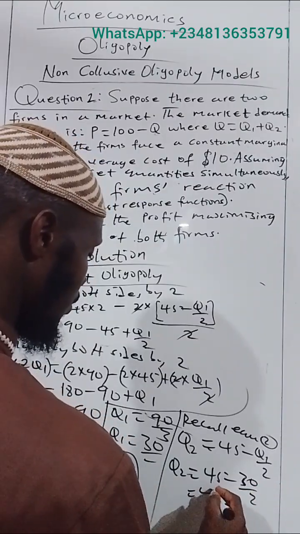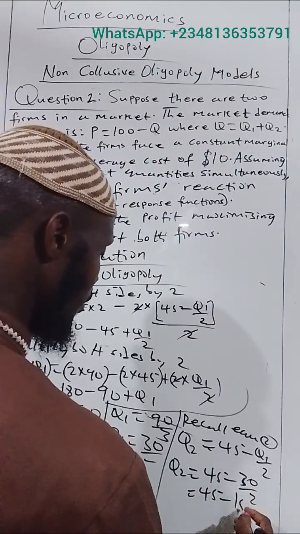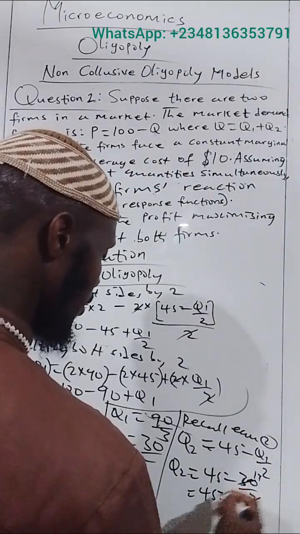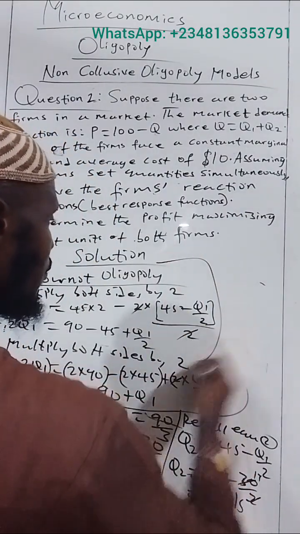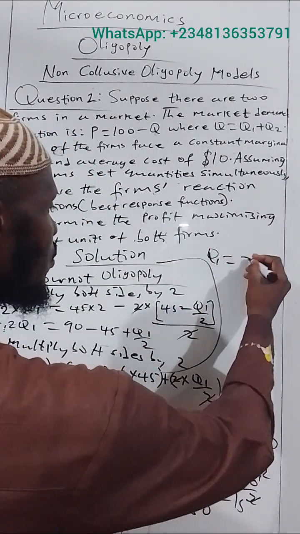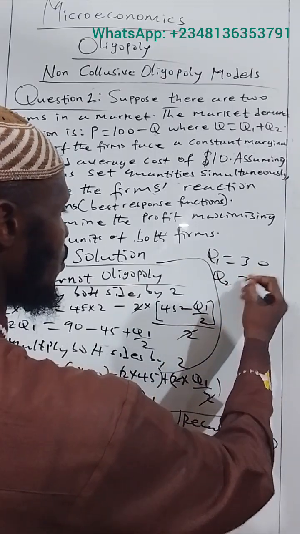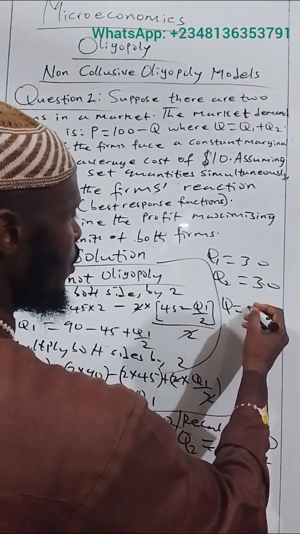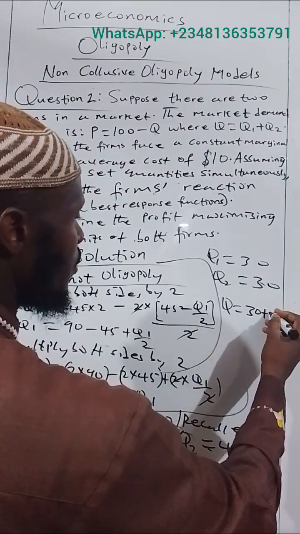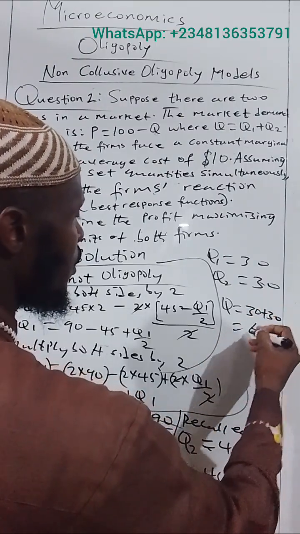Then I have 45 minus 15, then I have Q2 is equal to 30. Meaning that the final answer is that Q1 is equal to 30 and Q2 is equal to 30. Therefore, the total output Q equals 30 plus 30, which is equal to 60.